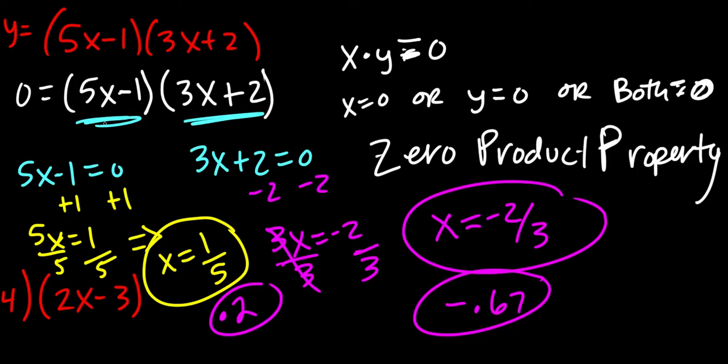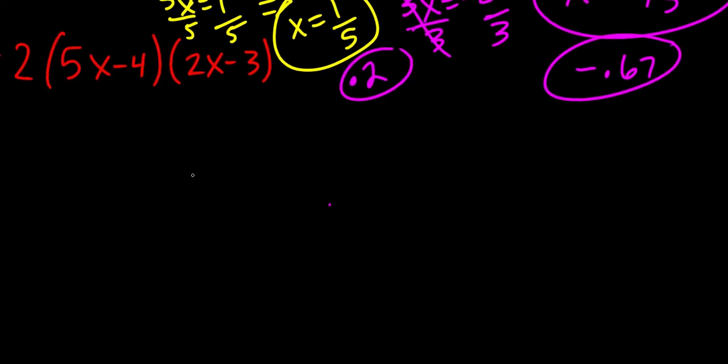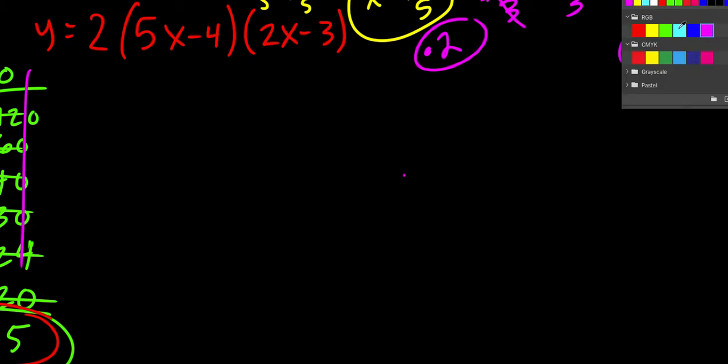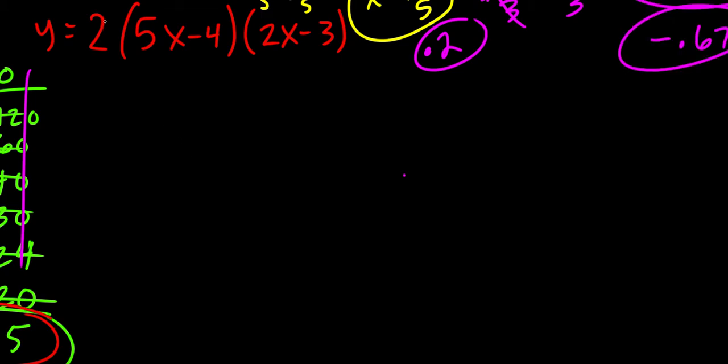Okay, now let's do this next one, but we will just do it a little bit quicker. This was the problem where we had to factor out the 2 first. That actually doesn't play a role when we're finding roots at all. It's important to give us the same equation, but in this context where we're doing roots, we're just going to get rid of it because we don't really care about it.